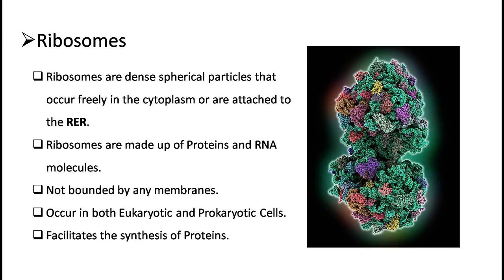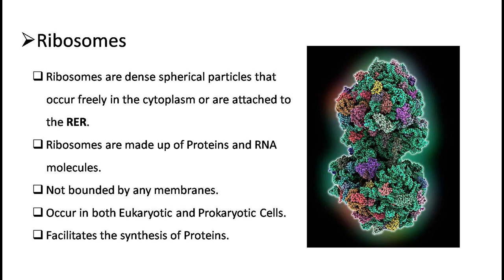Ribosomes are dense spherical particles that occur freely in the cytoplasm, or they are attached to the RER. Ribosomes are made up of proteins and RNA molecules. They are not bound by any membranes. They are found in both eukaryotic and prokaryotic cells.